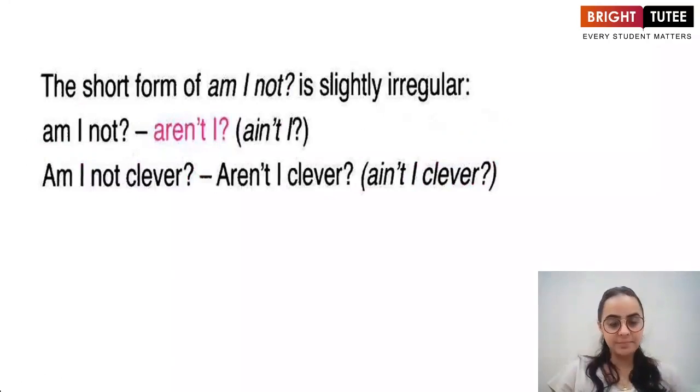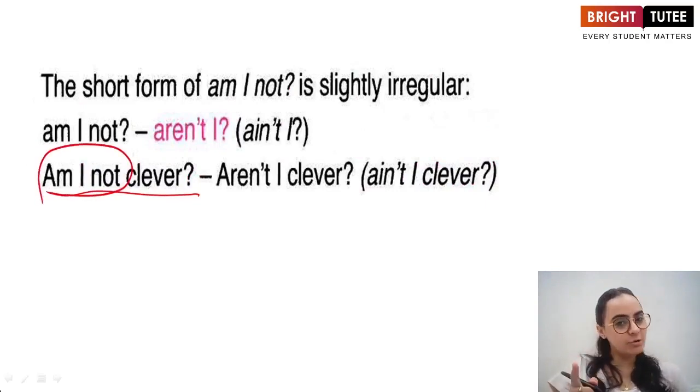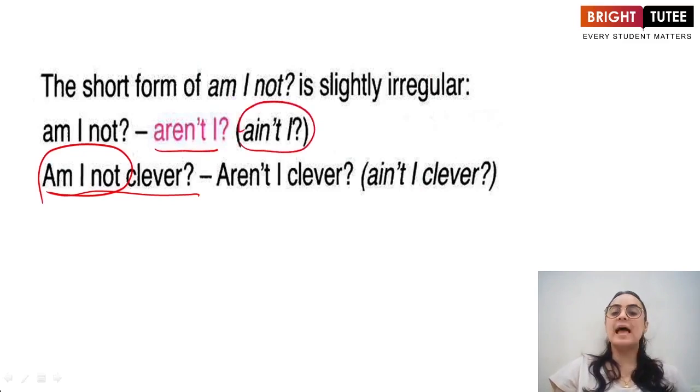If I say, am I not clever? Now, am I not, please remember, is written as aren't I, or we can also use amn't I for the same. Alright, so if I have to say, am I not clever?